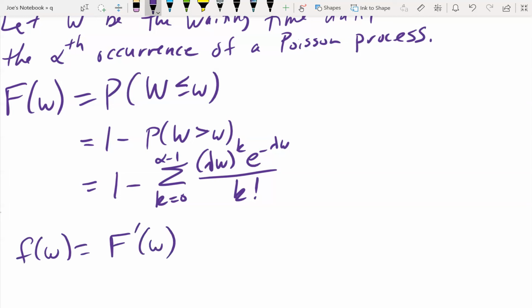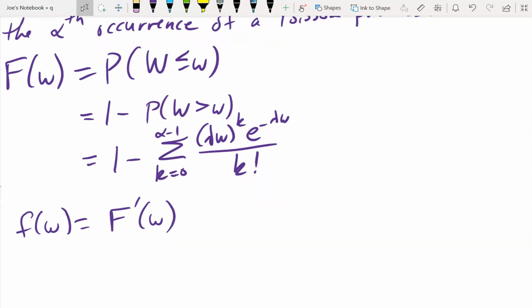We need to see if we can figure out what this derivative is, so let's think about what this would look like written out longhand. This would be 1 minus the quantity, and I'm going to write it as lambda to the k, w to the k, and then e to the minus lambda w.